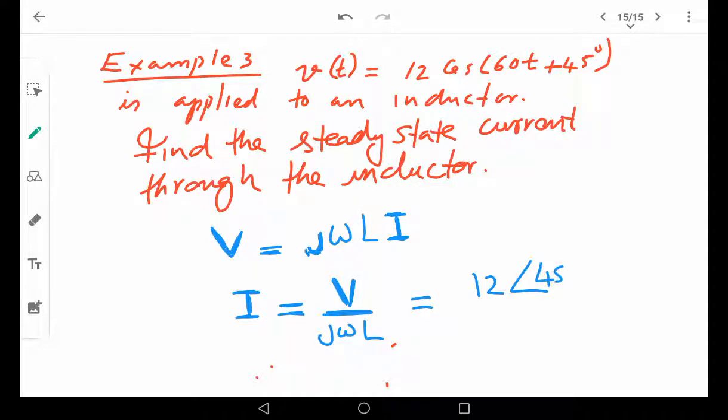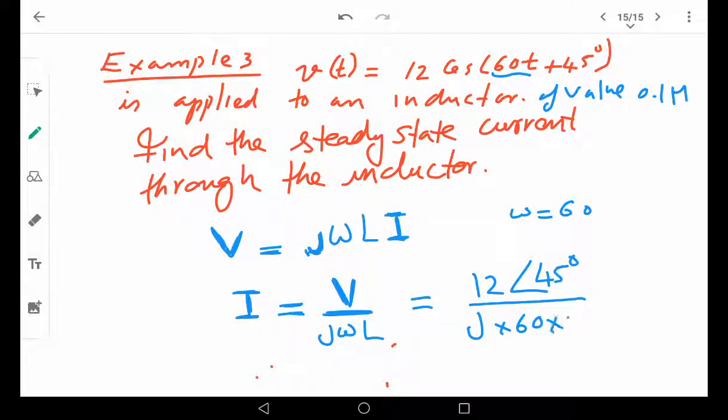And for the phasor V you have 12 angle 45 degree, divided by j omega, where omega is 60. So you can write it as j into 60, and the inductance value is 0.1 Henry.